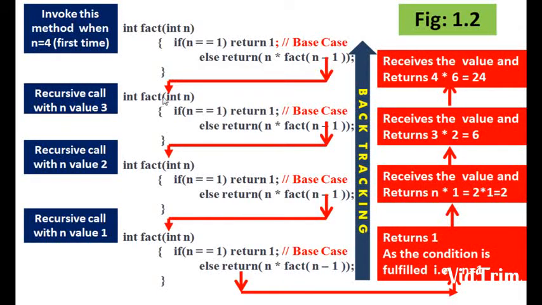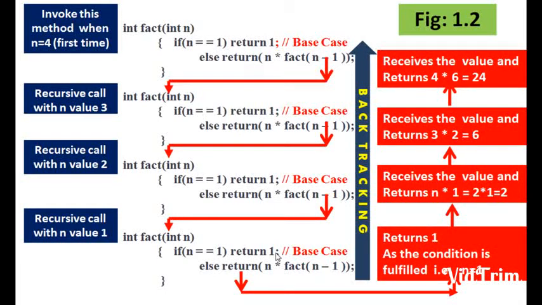Again, here it checks whether n is equal to 1 or not. The answer is no. So it keeps 3 and calls fact of 2. Fact of 2 keeps 2 and calls fact of 1. So right now n value is 1. This method returns 1 as per the coding, that is, if n is equal to 1, return 1.